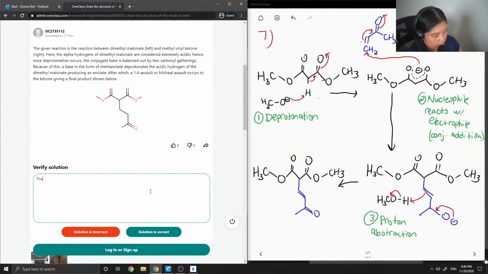Yep, so this solution is correct. I think they just forgot to put the 2 oxygens at the top there, but I'll just make a note of that. But the solution is still correct.